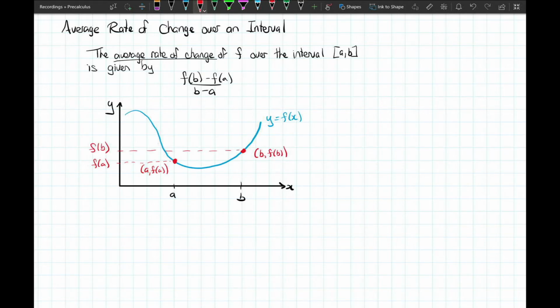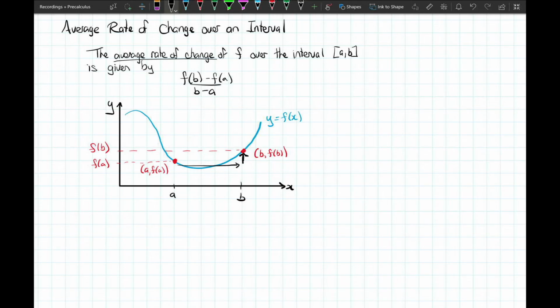Now we already see that f(b) minus f(a) is the net change. So we can see that the net change is, in this function, going to be positive. And b minus a is simply the width of this interval. And if we take some sort of change vertically divided by this change horizontally, well, we've done that before. That is rise over run.